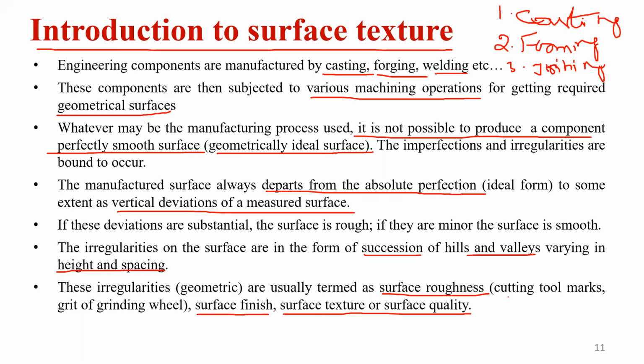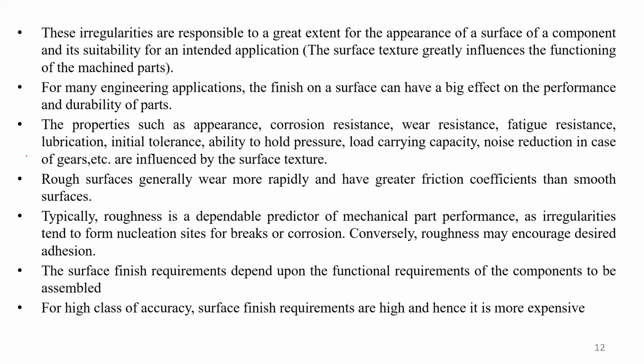The surface roughness is due to cutting tool marks or from the grit of a grinding wheel. So we can produce the irregularities. These irregularities are responsible to a great extent for the appearance of the surface of a component and its suitability for an intended function.